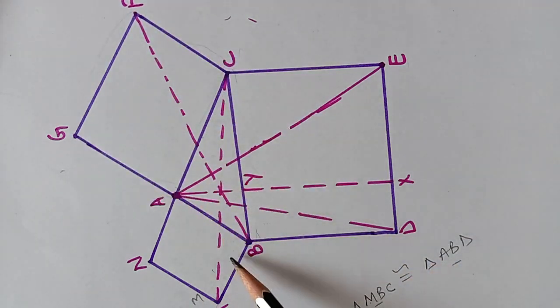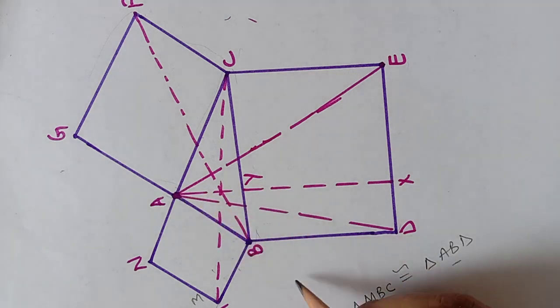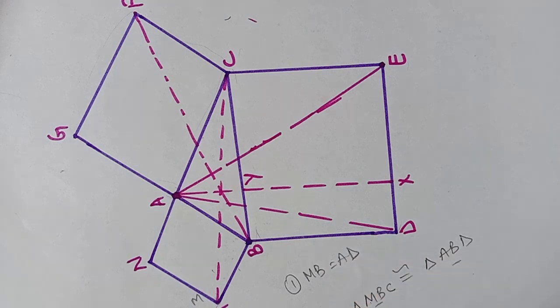In triangles MBC and ABD, first thing is MB is equal to AD. MB is present in this triangle, AD is present in the other triangle, but they are both sides of the same square. The second thing is BC is equal to BD.